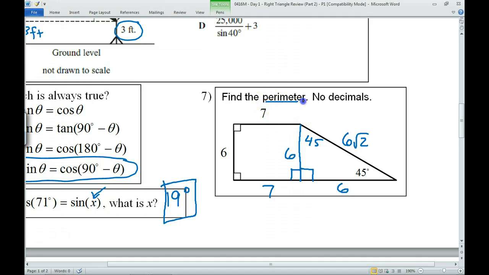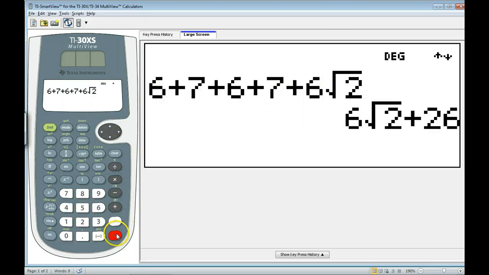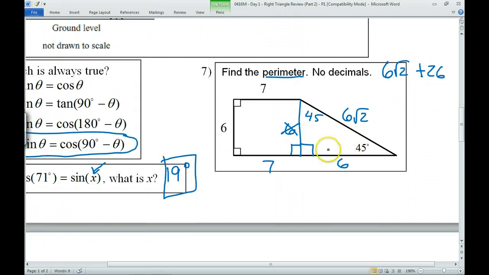You're supposed to find the perimeter, so add all these up. Remember, do not add the 6 in the middle. This would be the sum of all the sides, and we get 6 radical 2 plus 26. So that's the perimeter. 6 radical 2 plus 26. Okay, let's see what else we've got.